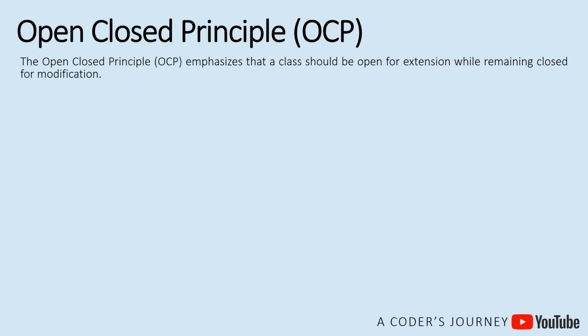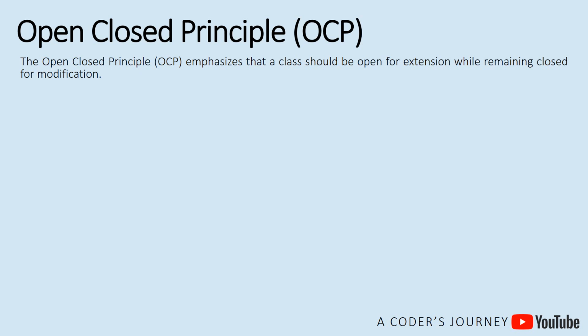So the class should allow you to add more behavior, to extend the behavior, without needing to change the code that you have already written. Basically, for adding new behavior, you will have to write new code rather than modifying the existing code. This is very important.